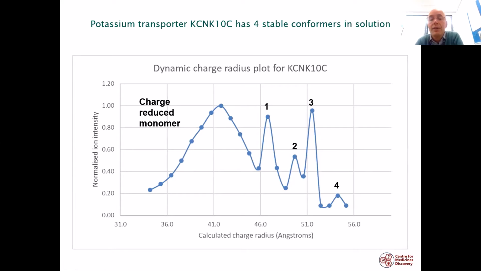And what that tells us is that KCNK10 has 4 stable conformations. And this is known. KCNK10 is a transporter, and in order to work, it needs to change its conformation. And it's known from crystallography that these conformational changes are actually quite dramatic. But you are seeing this here in the native spectrum.